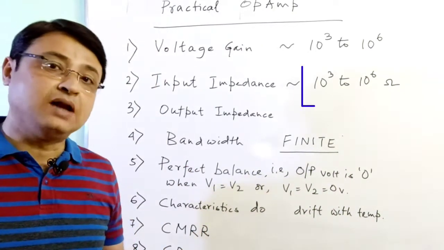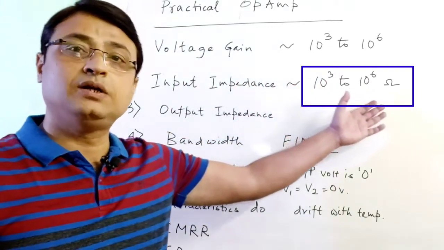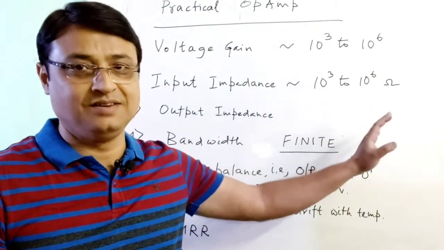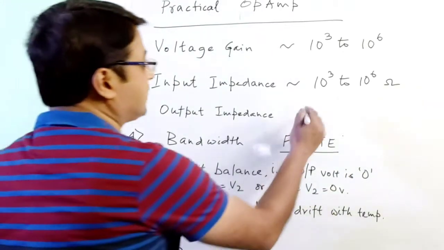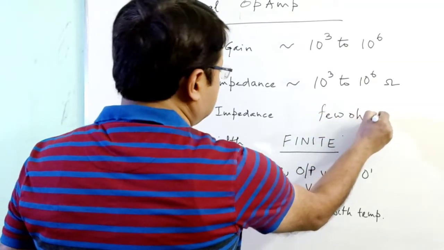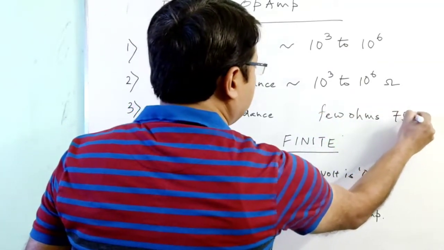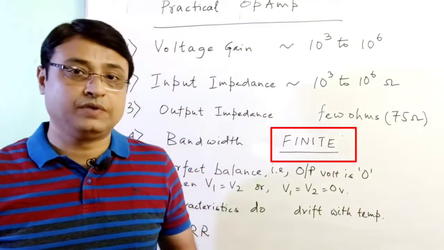Input impedance is also about 10 to the power 3 to 10 to the power 6, but not infinity. And the output impedance for a practical op-amp is about a few ohms, typically around 75 ohms.